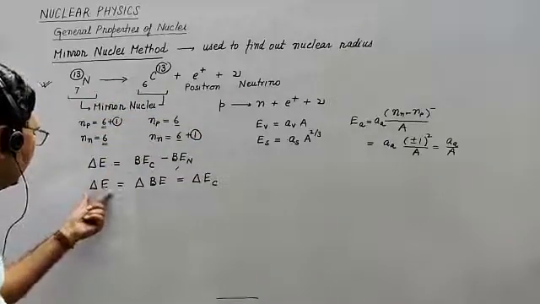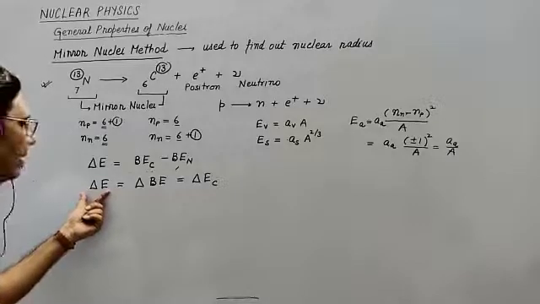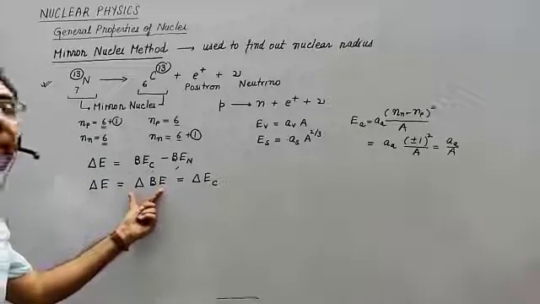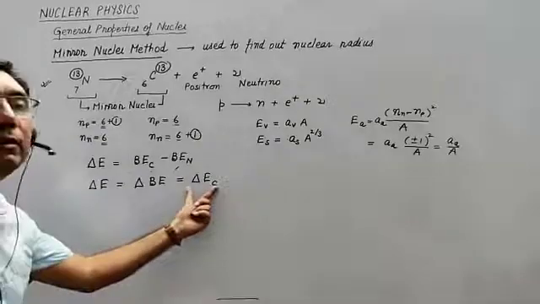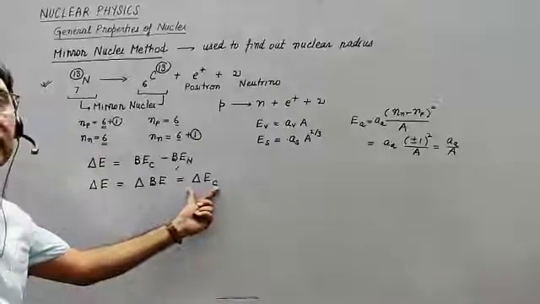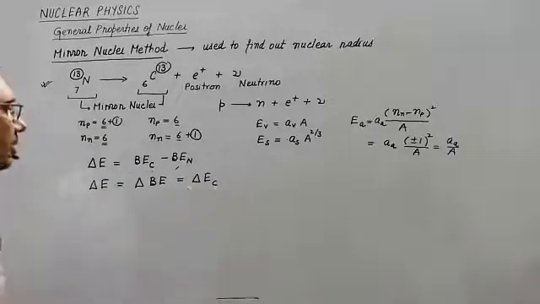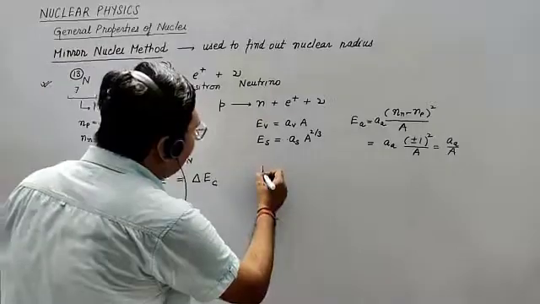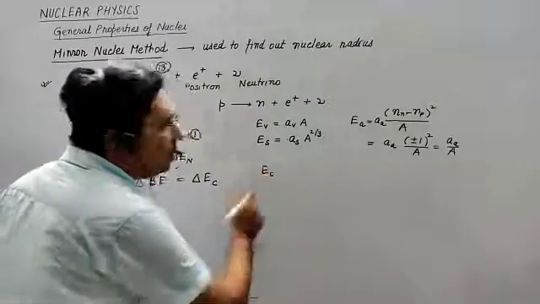So the energy released in the process, delta E, will be equal to the change in binding energy, and this will be equal to the change in Coulomb energy term. So what is the expression of Coulomb energy term? You can remember this.